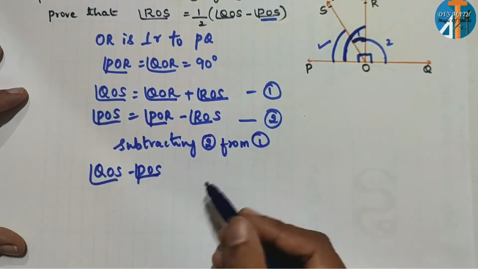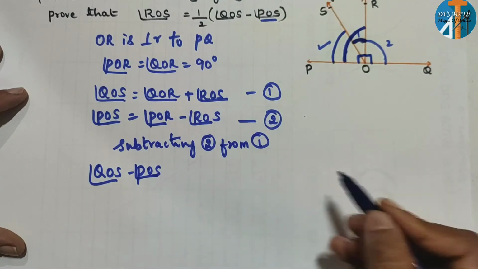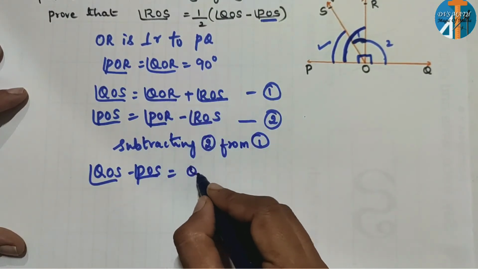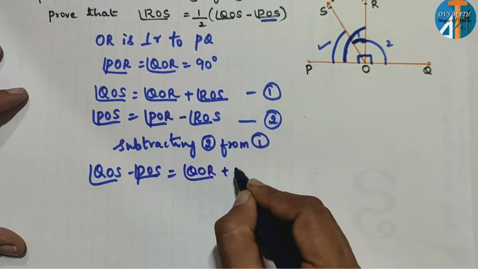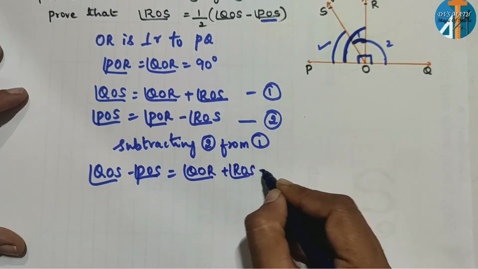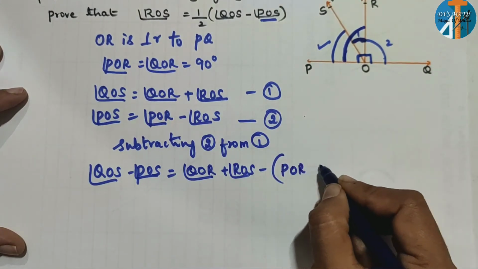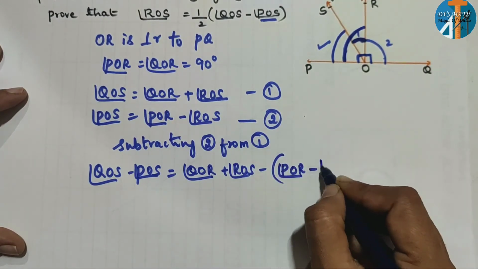First QOS minus POS: LHS to LHS, RHS to RHS. Observe carefully. Subtracting 2 from 1. So QOS minus POS is equal to, first let us write this, angle QOR plus ROS minus of, don't write directly, POR minus ROS.